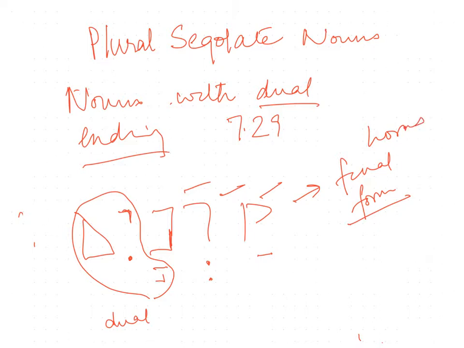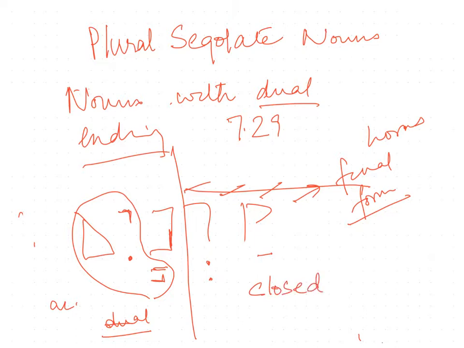Okay. Now again, if you break this up, this is a bisyllabic word. You can break it off here. This is the accented syllable because it has the accent patak. This is now a closed syllable because it's ending with a resh, it's ending with a consonant.